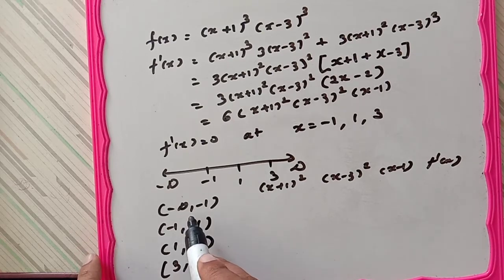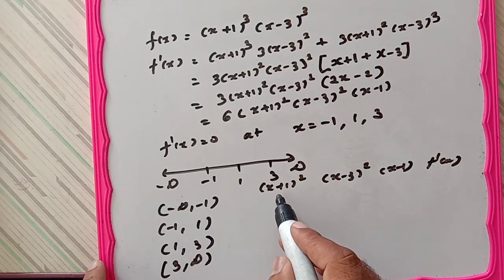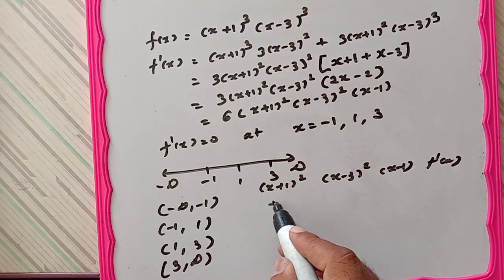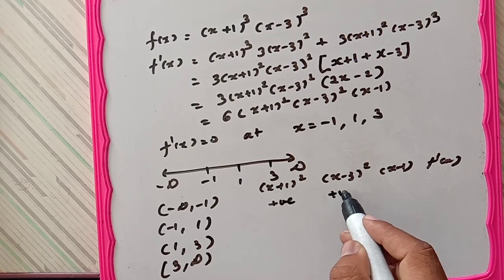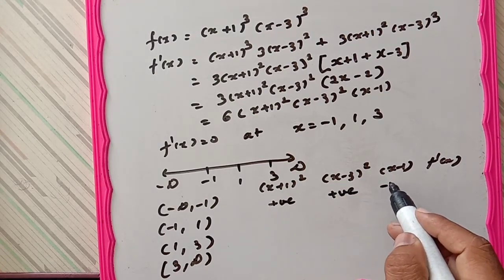So between minus infinity to minus 1, x plus 1 square is positive, square is always positive, positive, and x minus 1 is negative.